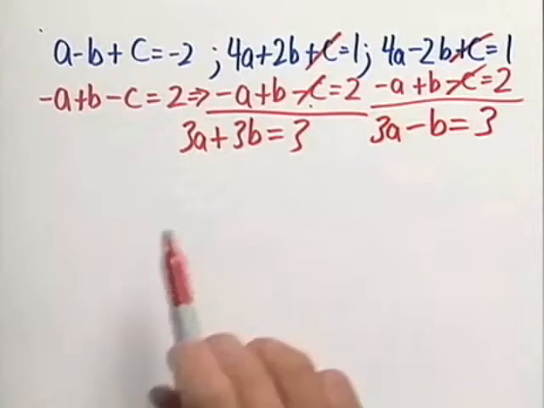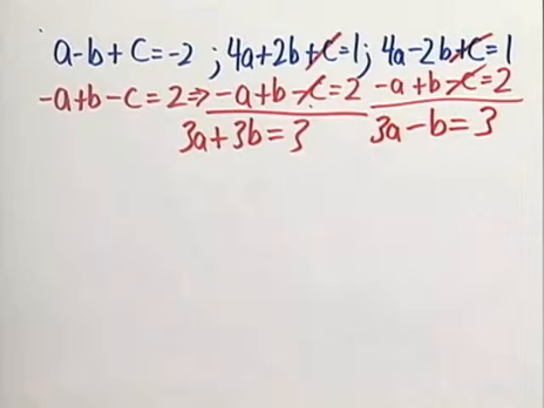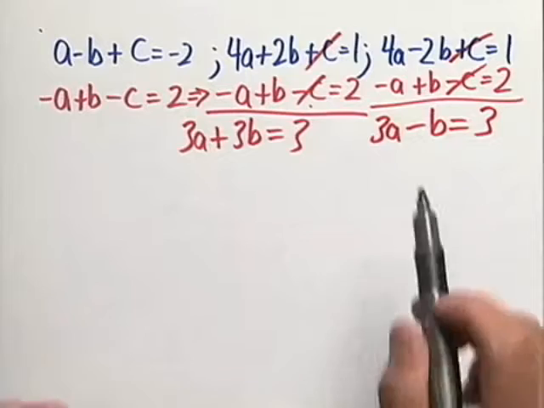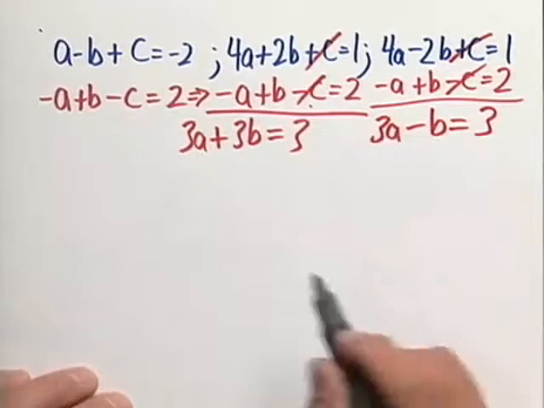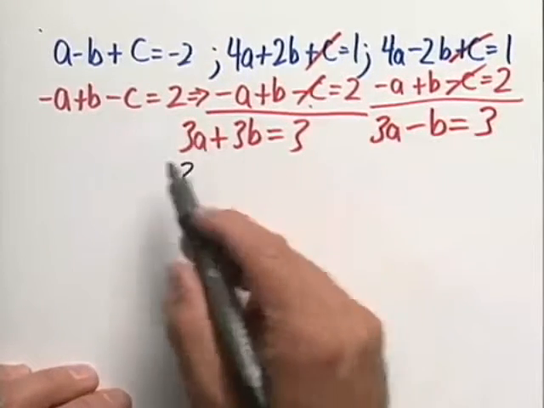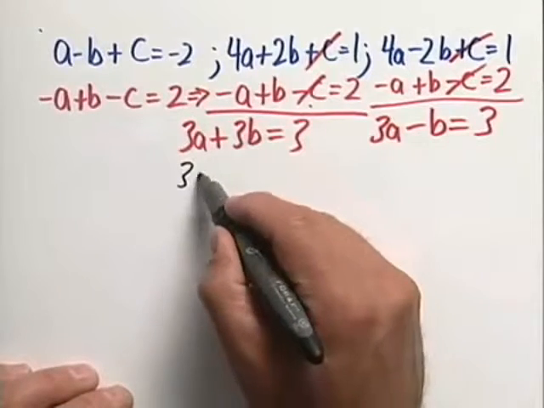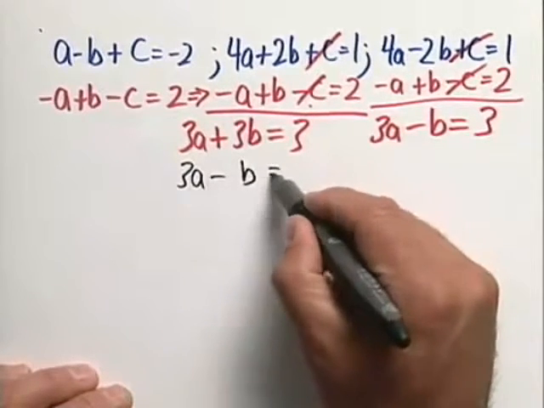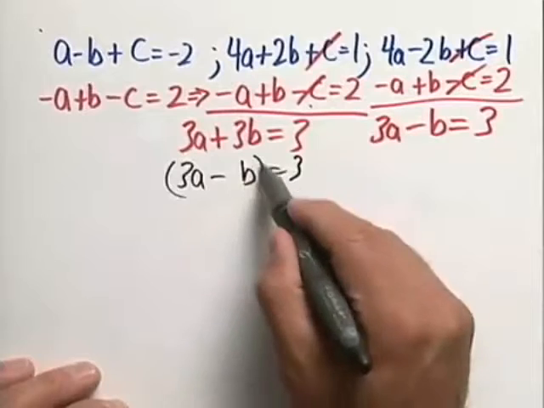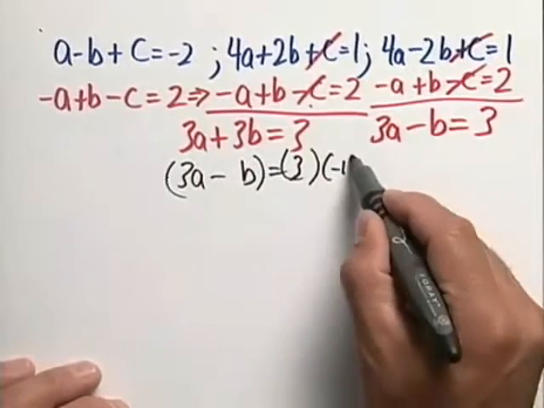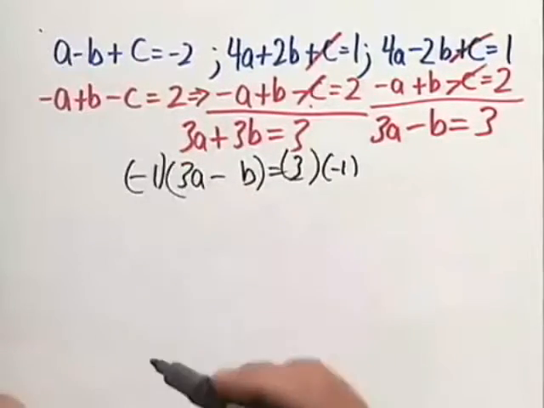So we now have two equations in terms of a and b. Let's take the equation 3a minus b equals 3 and sneak this under our first one. Let's multiply both sides of the equation by -1, and watch what happens here.